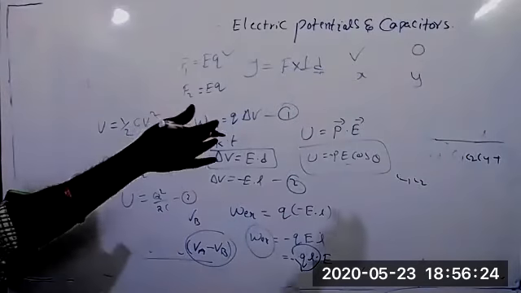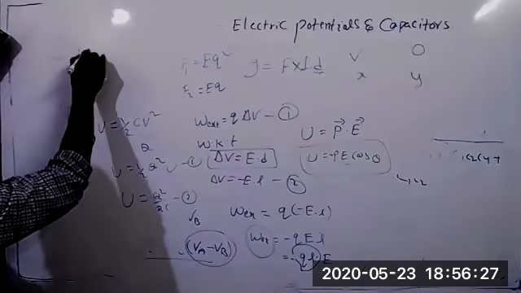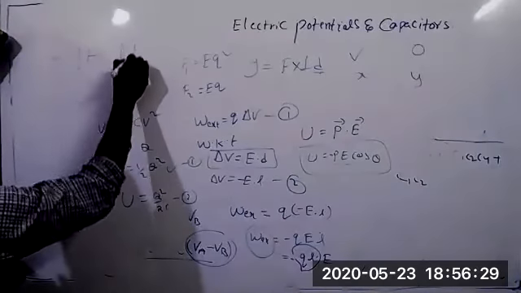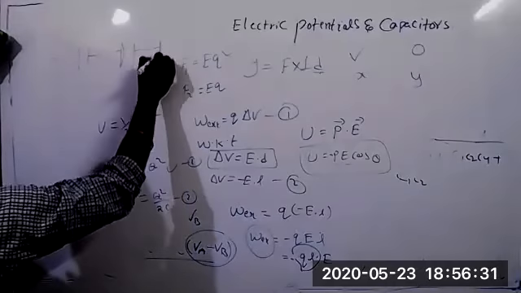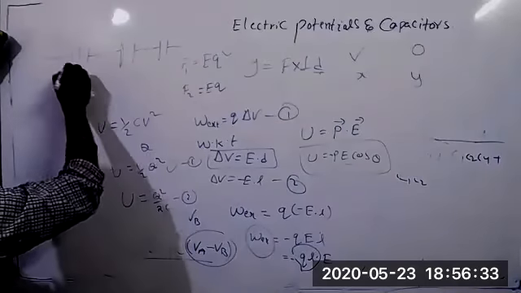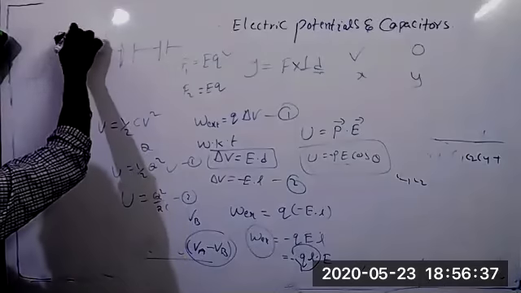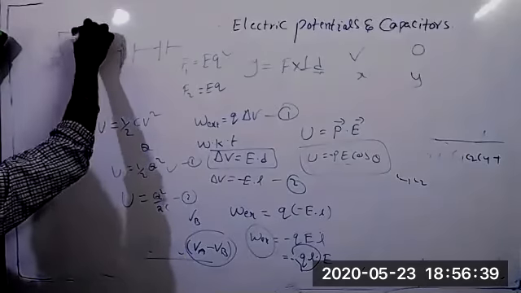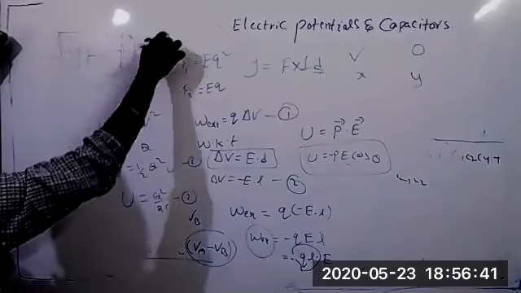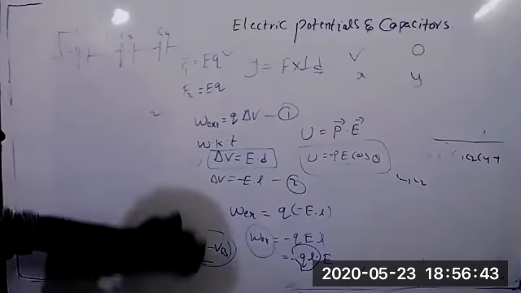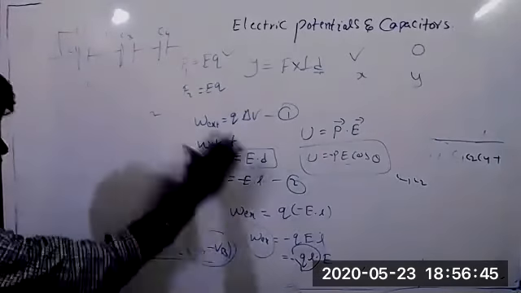See how they will ask you the question. They will give you some capacitors in series or in parallel, like this: C1, C2, C3, and C4. First, you have to calculate the equivalent capacitor.